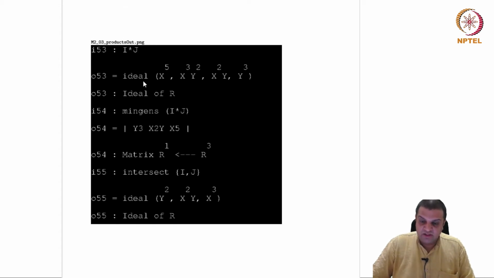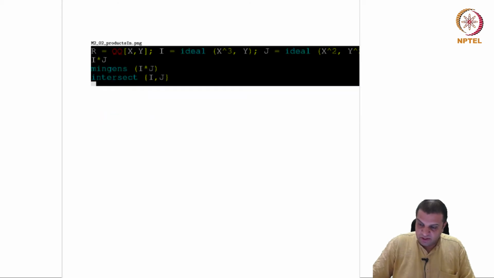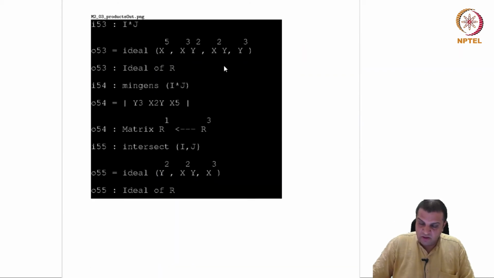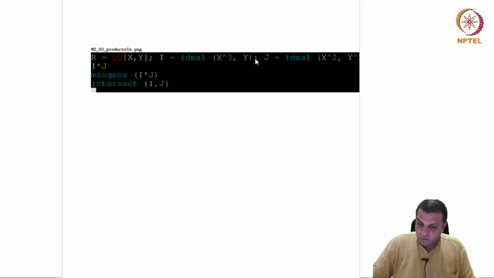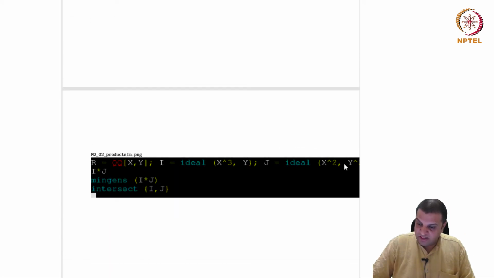I times J is the ideal generated by x to the 5 and so on. So what it has done is taken this generating set and multiplied them element by element: x cubed times x squared, x cubed times y squared, then y times x squared, and then y times y squared.